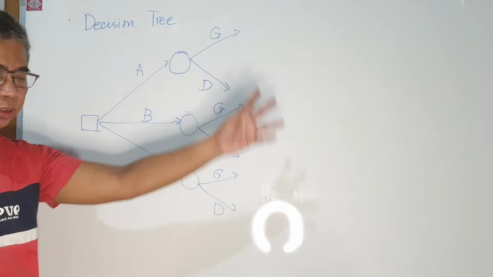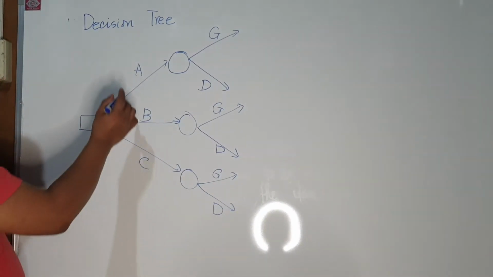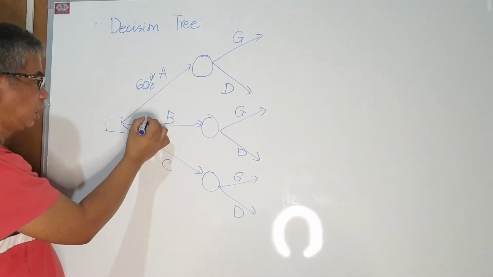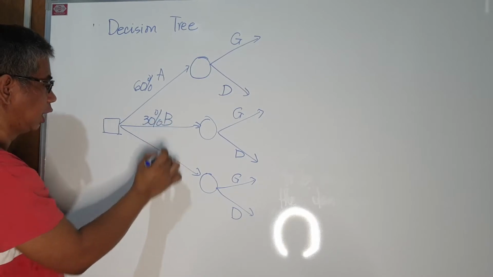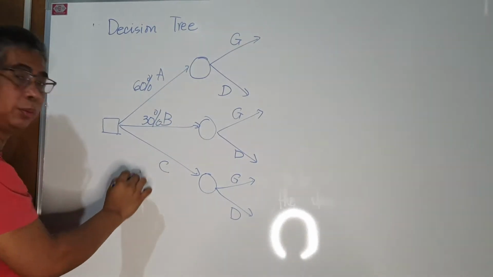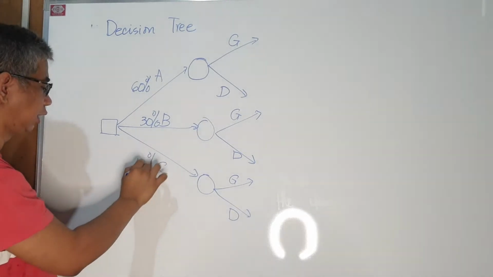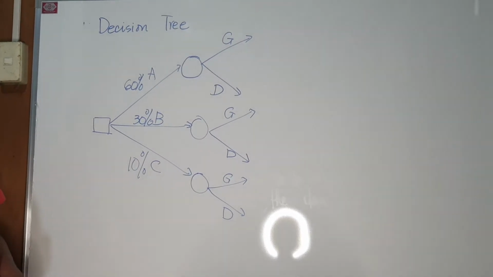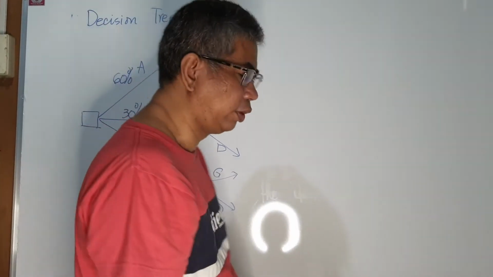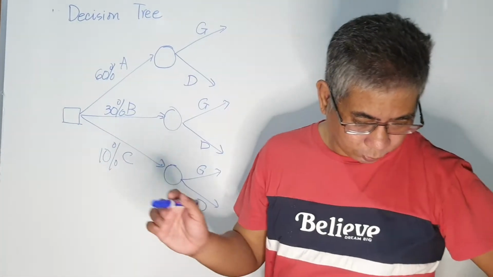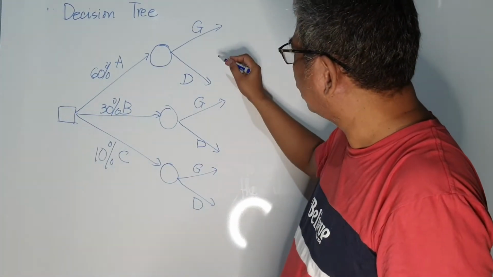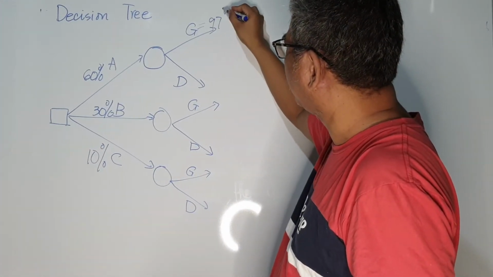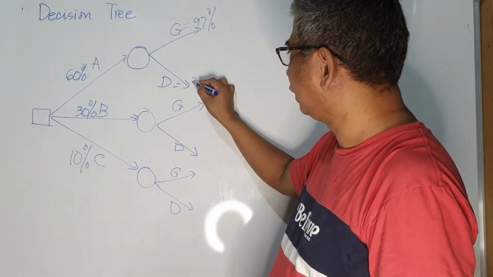Okay? Sabi, of the total production, 60% will be coming from A, 30% will be coming from B, tapos ang contribution ng Machine C sa total production ay 10%. Okay? Tapos, ang machine A, ang production niya, 97% of the time ay good, then 3% defective.